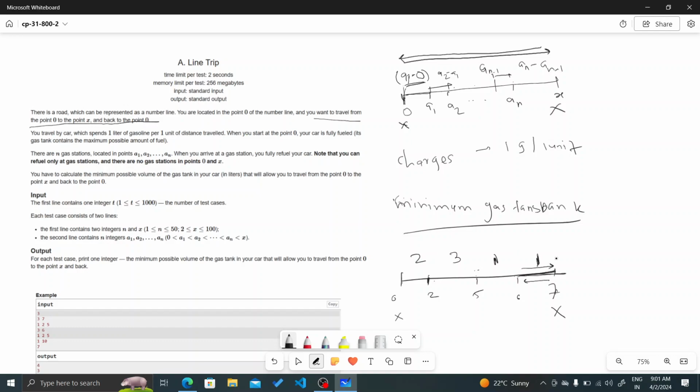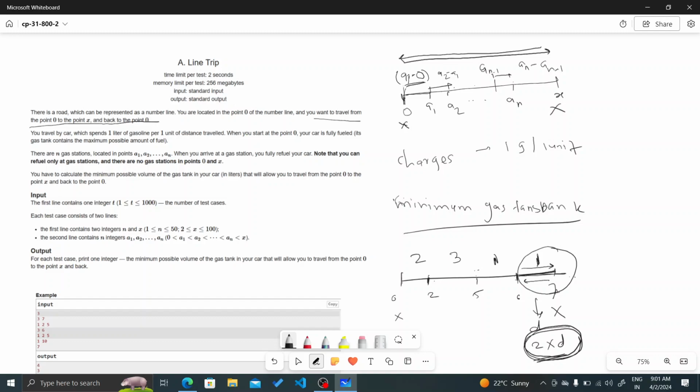So for the last distance, suppose the last distance is D. We have to consider it as 2 into D for the tank size, because he has to go from the second last point to the last point and from the last point back to the second last point. So this should be the minimum size of fuel tank.